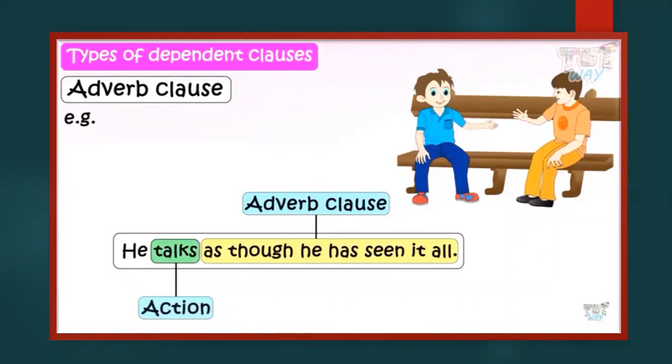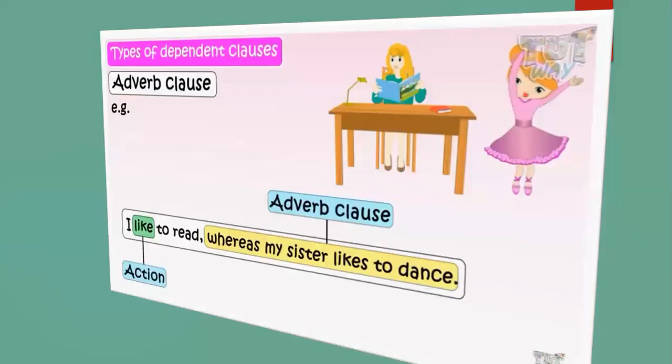So talks is the action and it has been modified by as though he has seen it all. One more example. I like to read, whereas my sister likes to dance. So like is the verb, and whereas my sister likes to dance is the adverb clause.